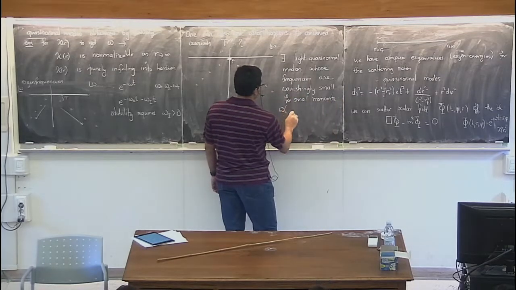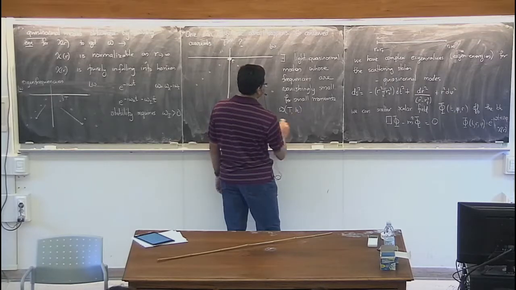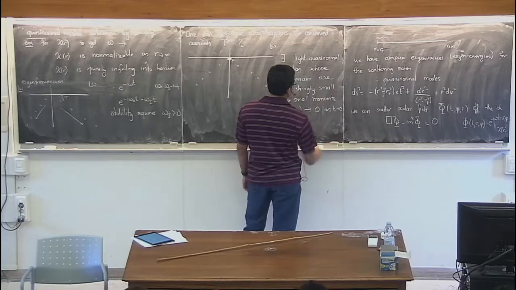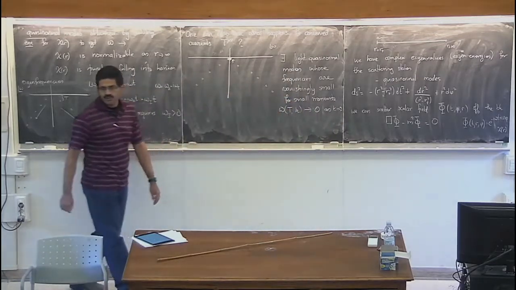So you have some omega as a function of the black hole parameters and momenta, but they go to 0. There's a handful of modes which have this property.